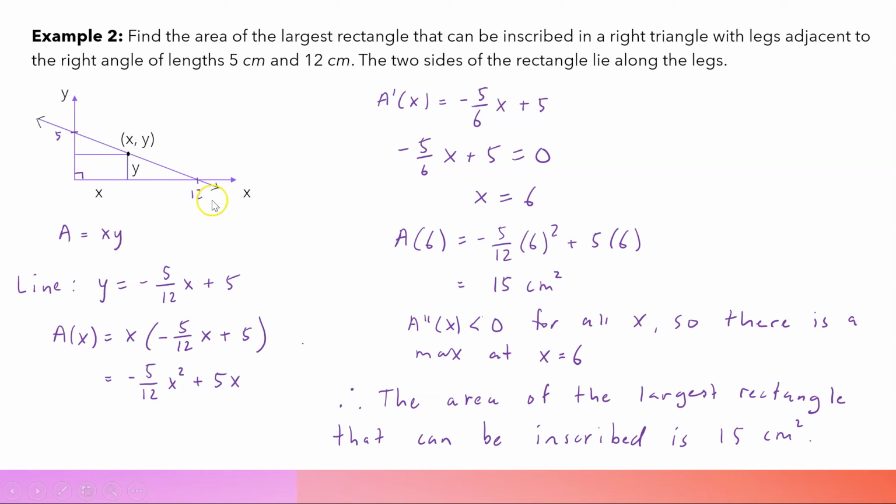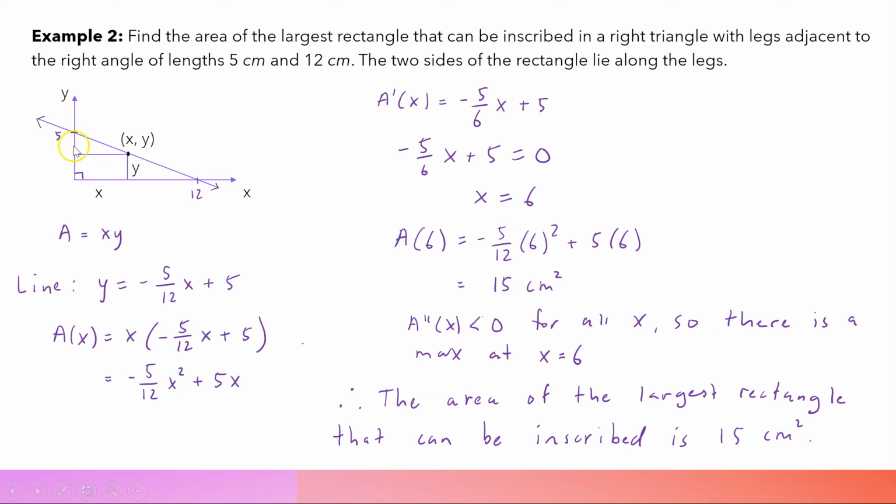Now, knowing that this length of the triangle is 5 and this length is 12, it is possible for me to find the equation of this line that represents the hypotenuse. And so the equation of the line is y is equal to negative 5 over 12 x.